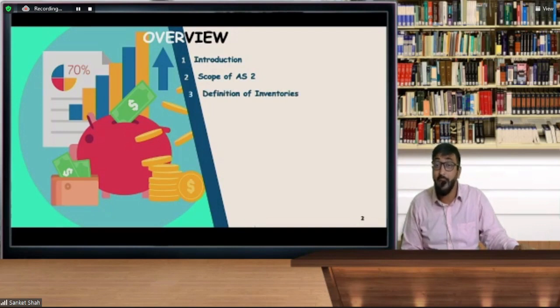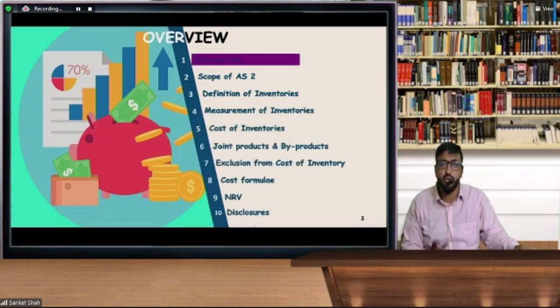We will solve maximum question answers. So: introduction, scope of accounting standard, definition of inventory, measurement of inventory, cost of inventory. First we are going to see the introduction part, so let's start with the introduction.